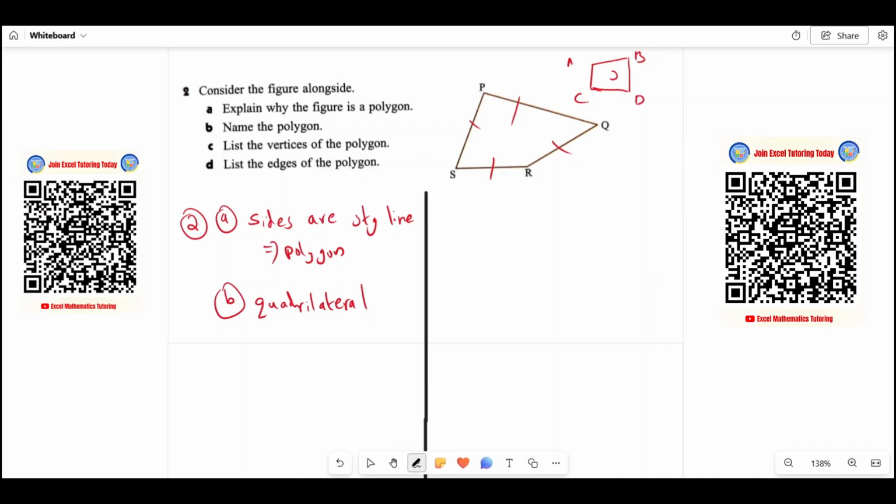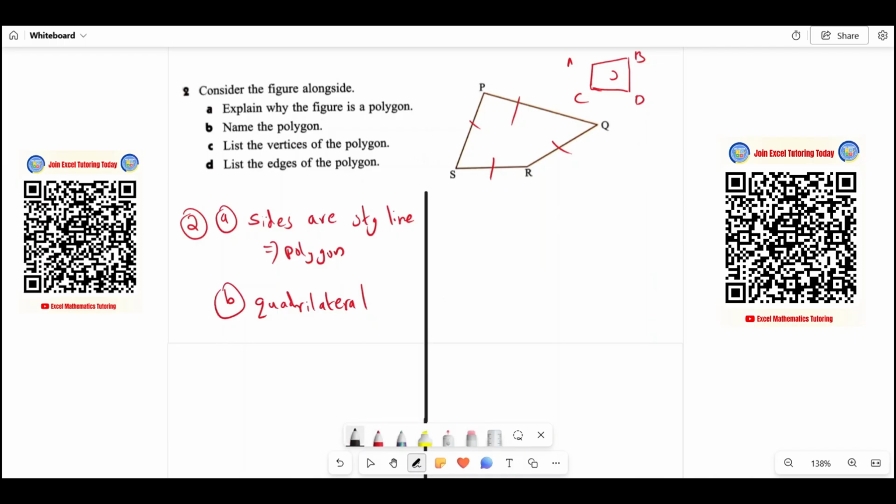And when it comes to the angles of a quadrilateral, if the angles are 90 degrees, then we call it a rectangle.